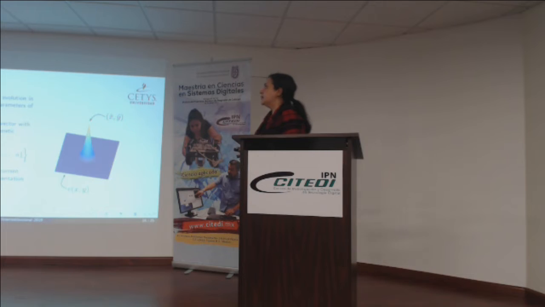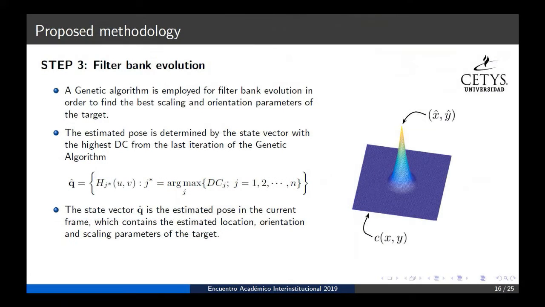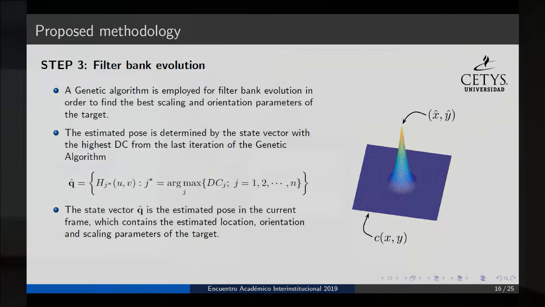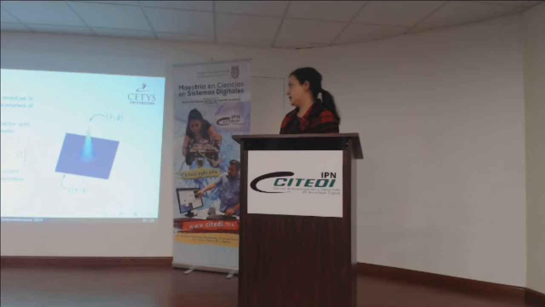And finally, because we don't want to explore that vast number of possible pose combinations, we evolve the filter bank generation in order to find the best pose parameters, scaling and rotation parameters of the target. So we decide that the filter with the best metric, the DC metric, or the best match, is associated with the estimated pose of the target.